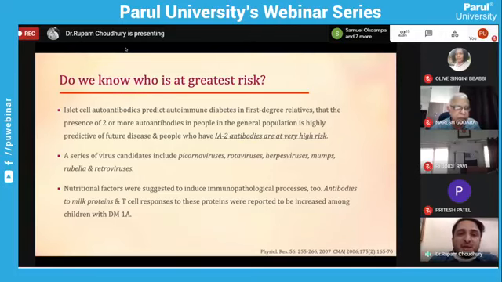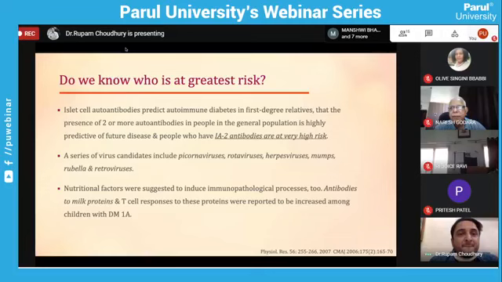So it is not advisable to give cow's milk or any milk other than the mother's milk to young children nowadays. T cell responses to these proteins were also reported to be increased among children with type 1 diabetes mellitus.